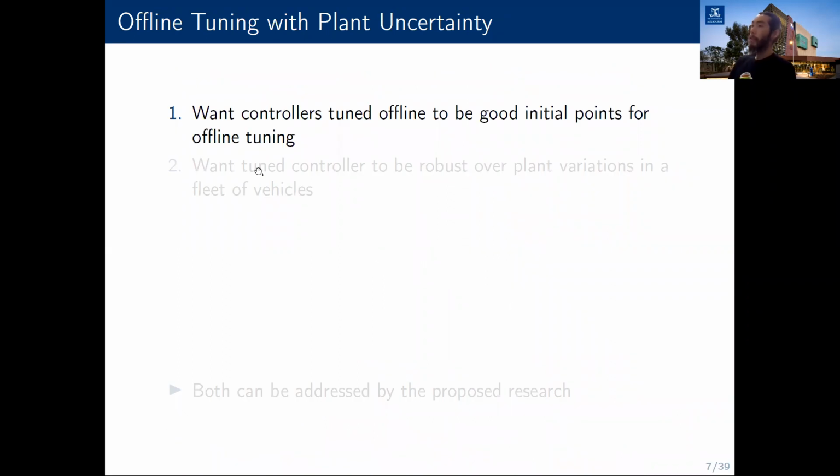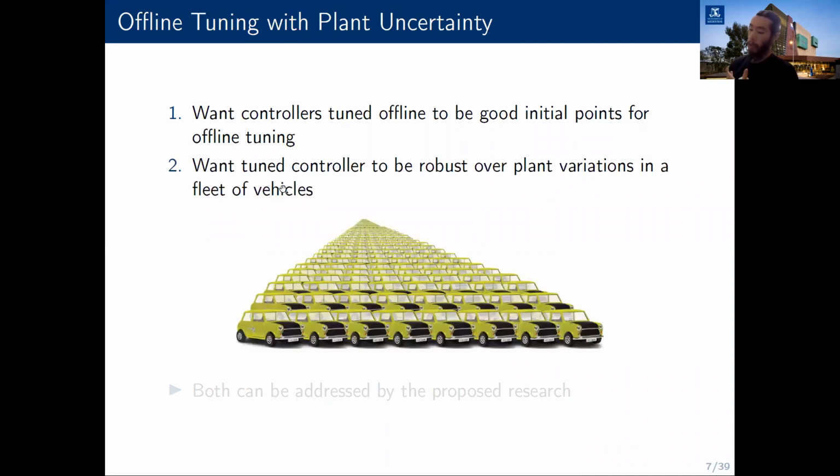The second of the motivating examples is, say we've got a tuned controller that we're going to then deploy over a fleet of vehicles. There's going to be some variation in the plant dynamics of each vehicle, but we're deploying the same controller on all of them.